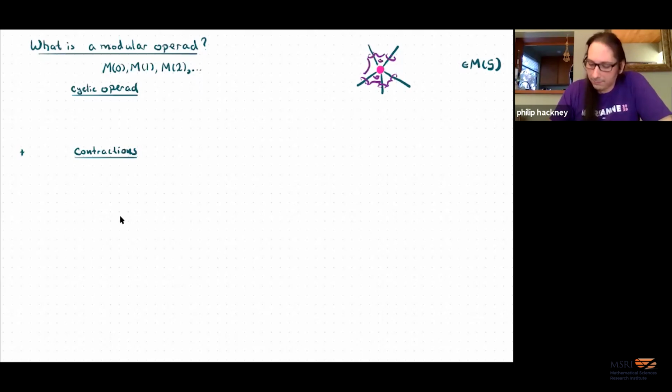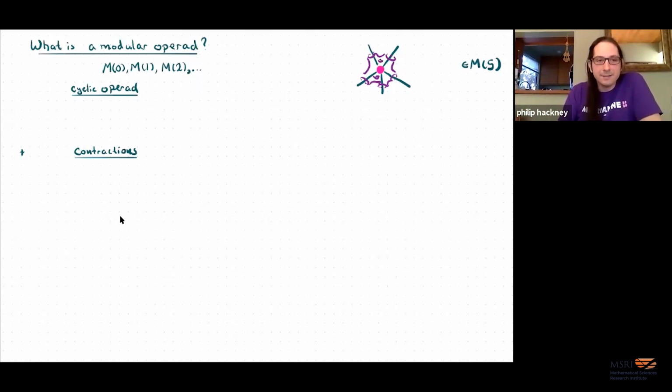So I think the classical example is some kind of moduli space of curves with n marked points, and maybe there's an additional grading by genus or something. But this is a kind of example to keep in mind.